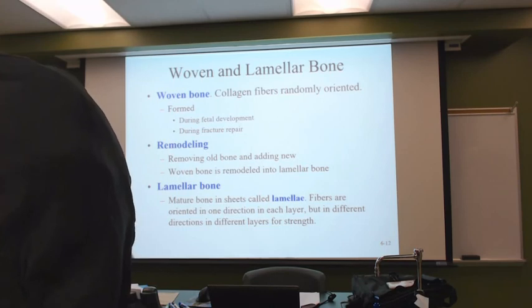Horizontal. Okay, so we have blood supply not only running vertically down these Haversian canals, we see our blood supply penetrating all the way across, okay? Telling me, once again, bone is so dynamic.